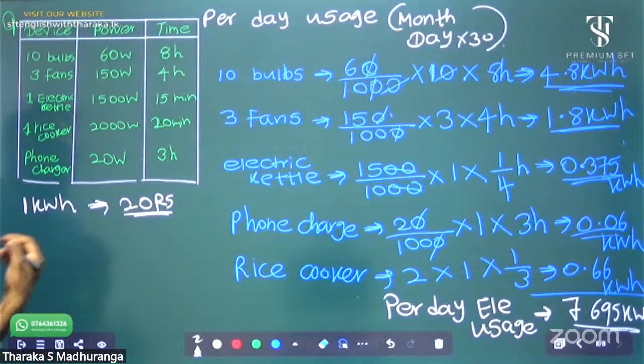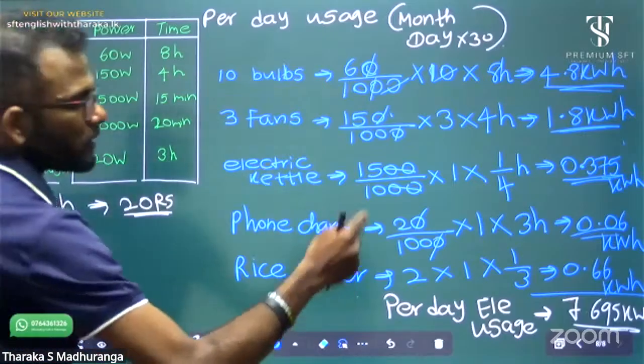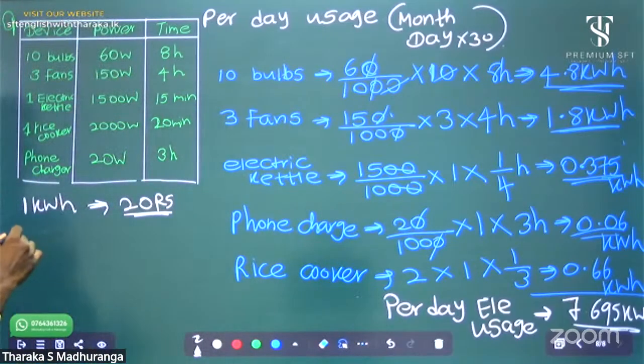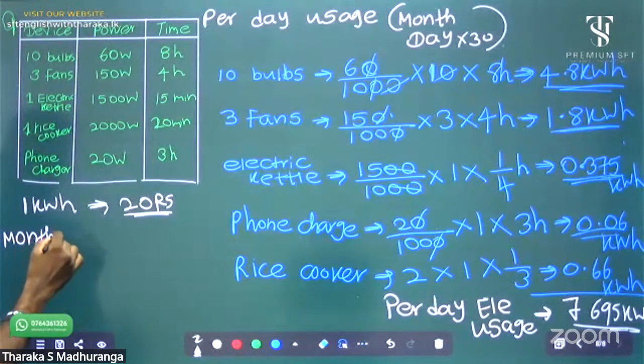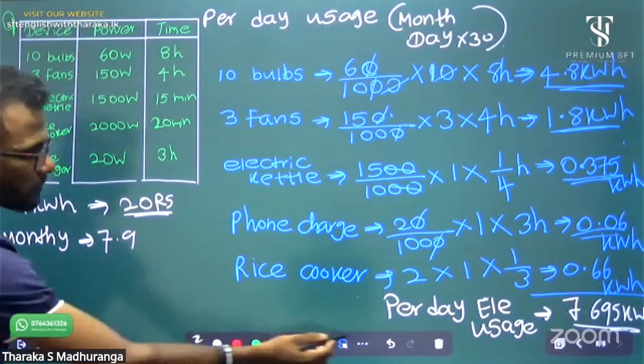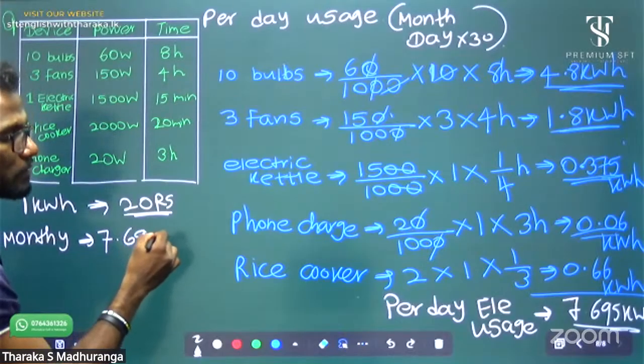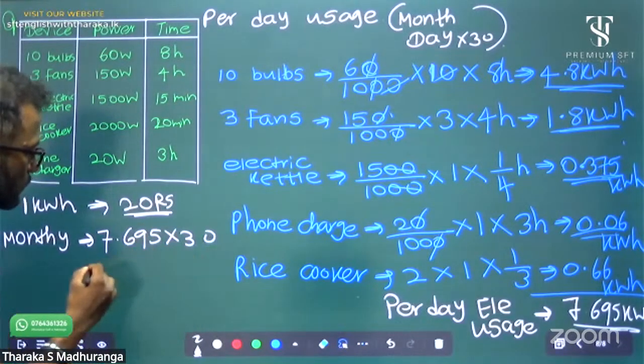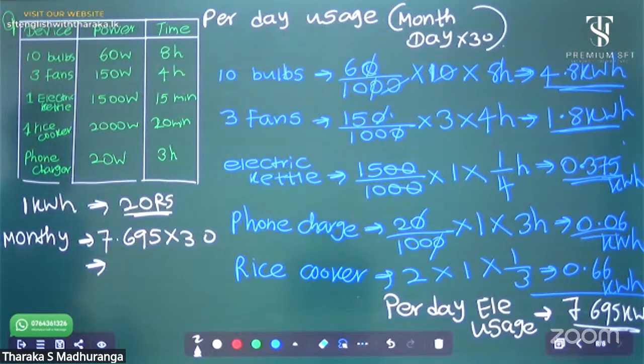Now you can calculate the monthly electricity bill. How to calculate? 7.695 per day. Then monthly consumption, you can multiply 7.695 into 30. What's the value? Multiply by 30.